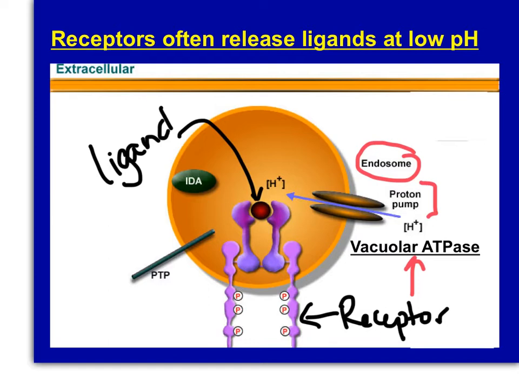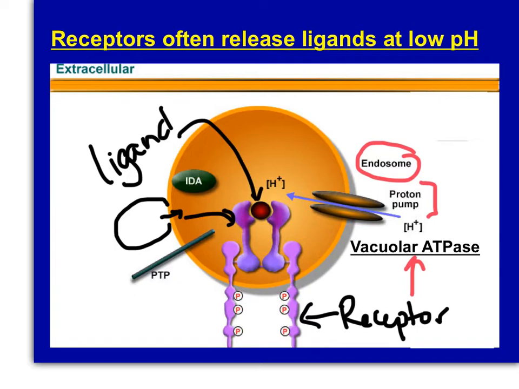Remember what happens when a vesicle fuses: whatever was in the lumen is now going to be in the lumen of the organelle. The receptor portion that bound the ligand is in the lumen of the organelle.